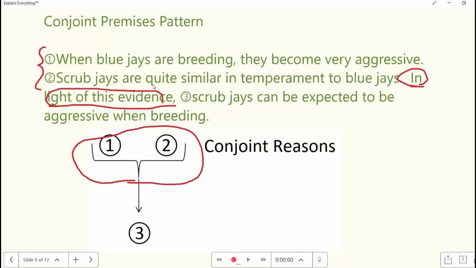So if they're working independently, like adding one pro after another pro after another pro for thinking that something is true, then we get the horizontal pattern. But that's not a good way of diagramming this case, because these are actually working together to get us to the conclusion.